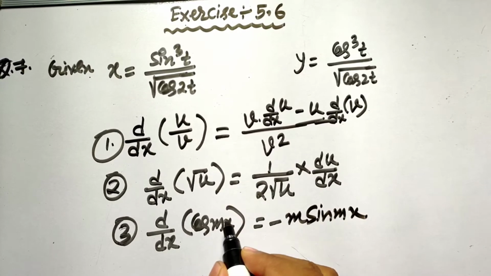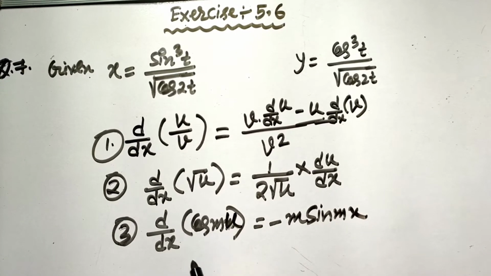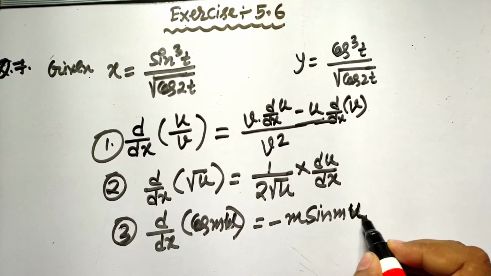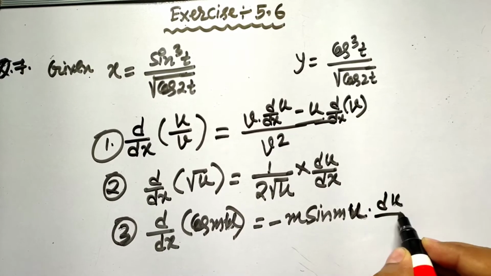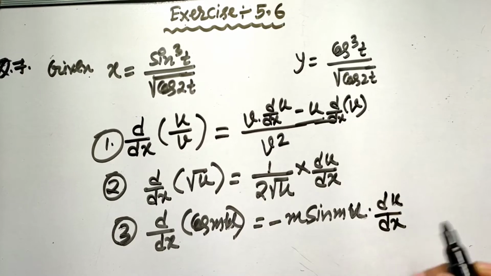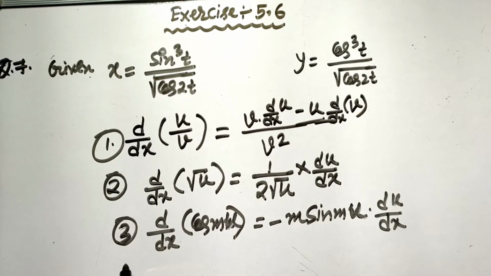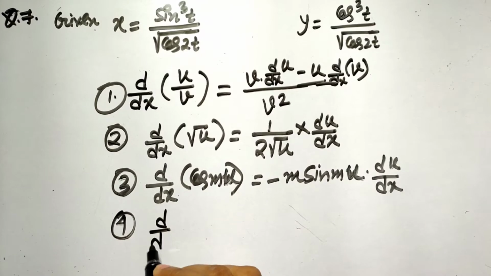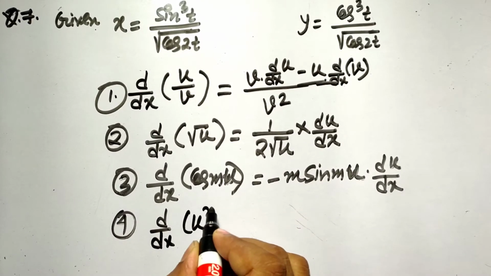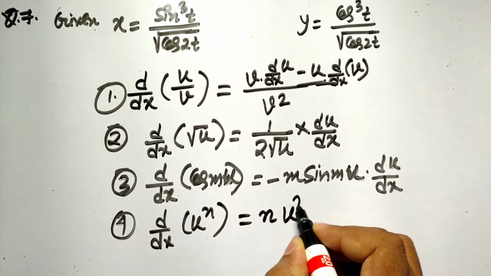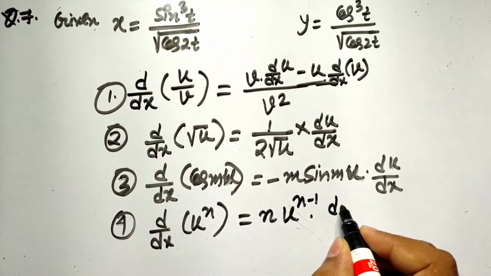So the derivative of cos mu with respect to x is minus m sin mu into derivative of u. Okay, so we will next use this formula. Next, formula number 4: derivative of u to the power n equals n into u to the power n minus 1 into derivative of u.